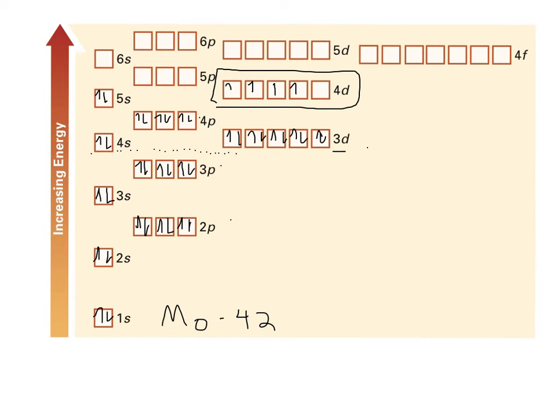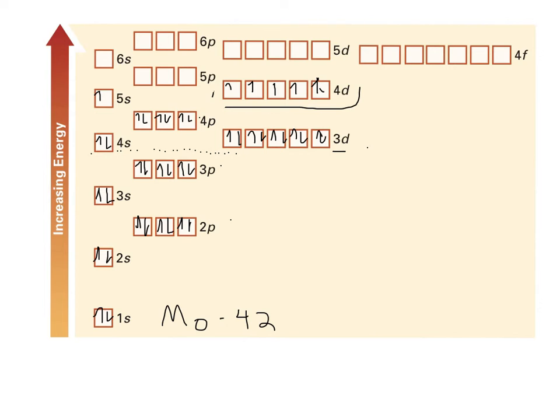It's actually better to steal one of these electrons from the s sublevel that fills right before it, and bring it in here. And then that becomes a little more stable. So what happens is you get this kind of configuration: one in the 5s and one in each of these.